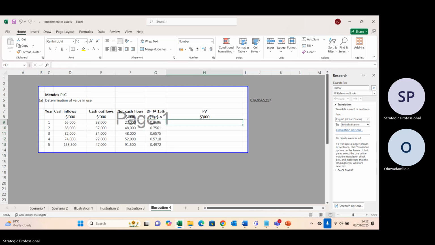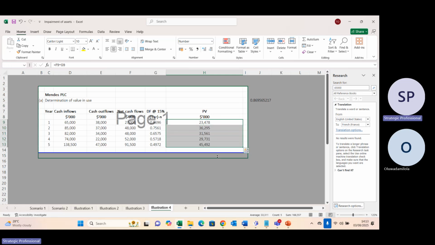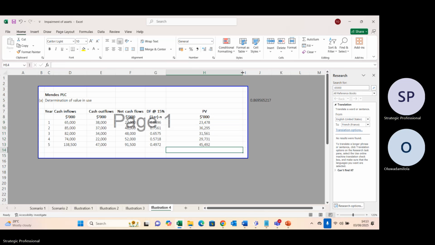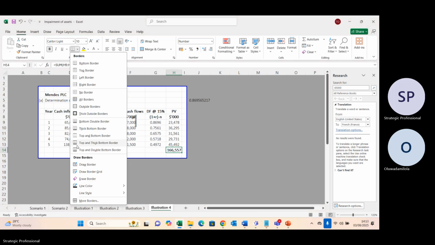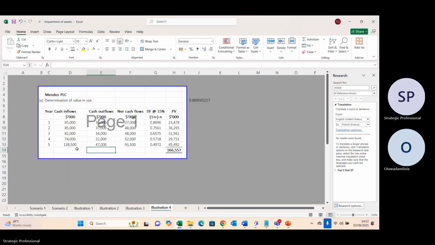Yes, sir. The present value would then be this net cash flow times this discount factor. So therefore, this is my value in use.